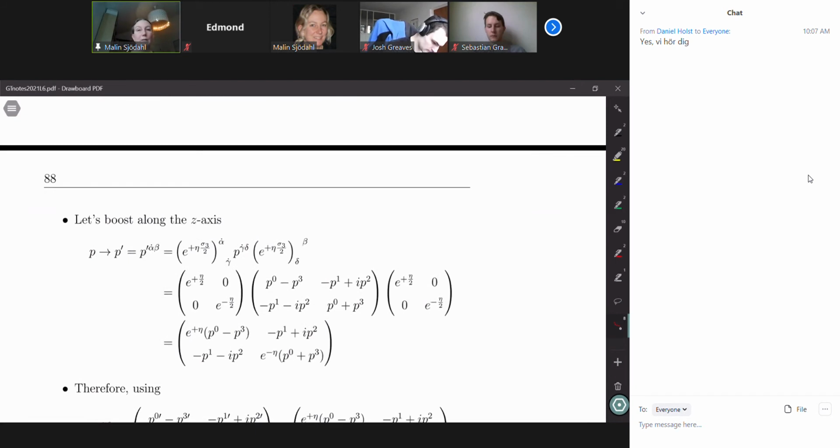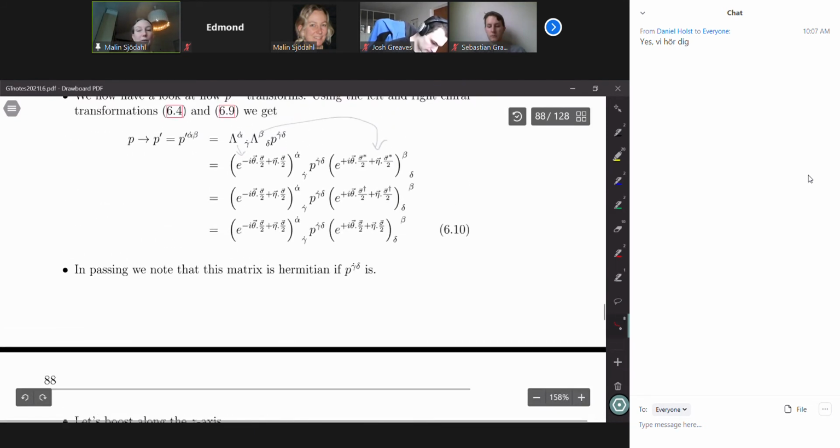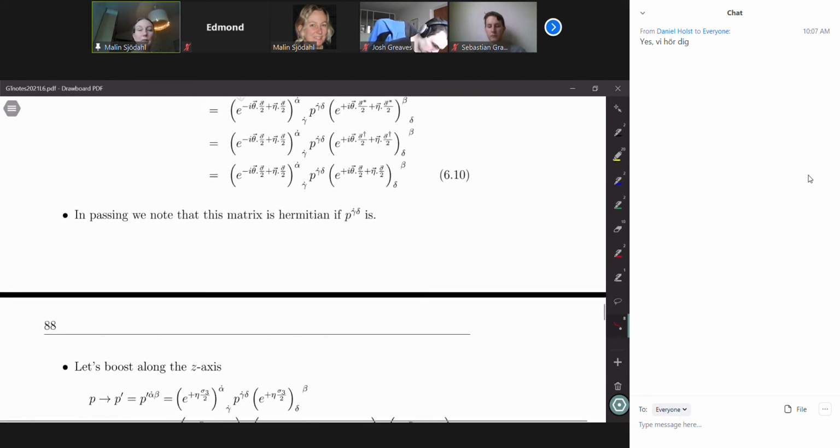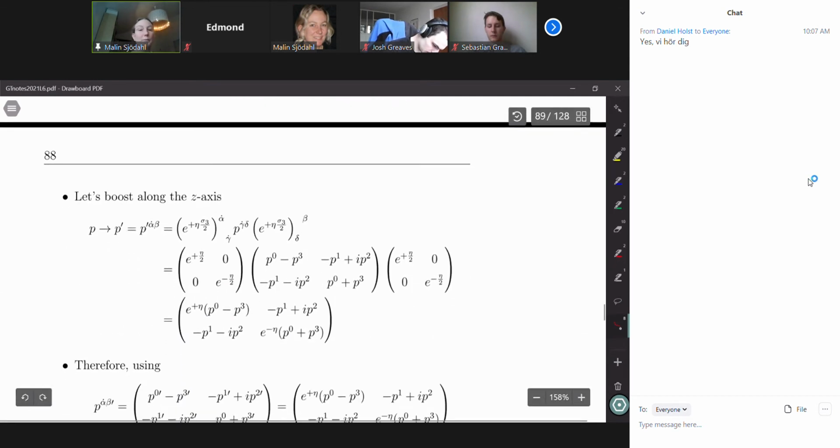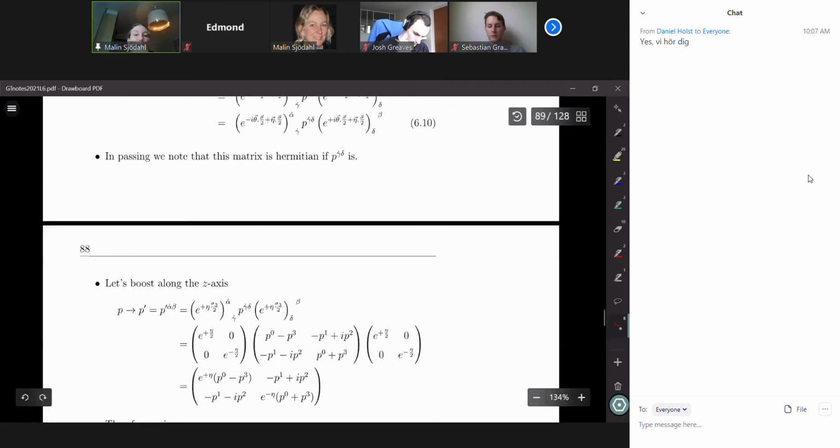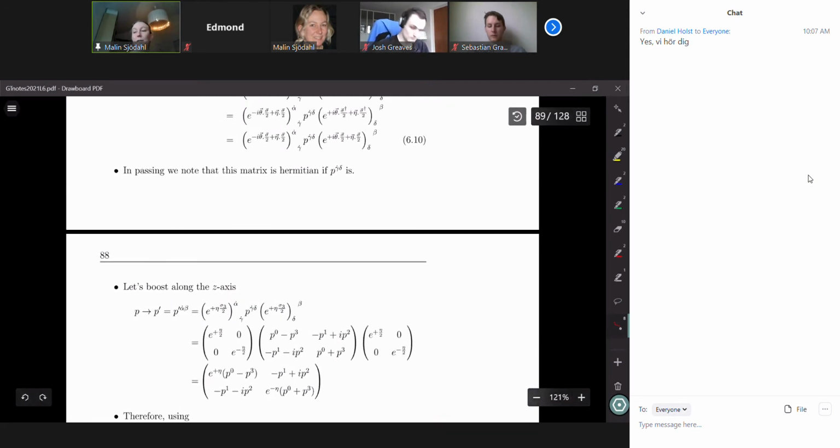So now that was the general form of the transformation. Now we will have a look at a boost in the Z direction. Z is nice because sigma 3 is diagonal. So I take my general transformation from up here, and I only take the component multiplying sigma 3, so only sigma 3 is there.